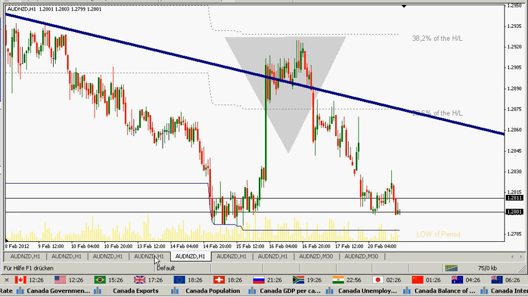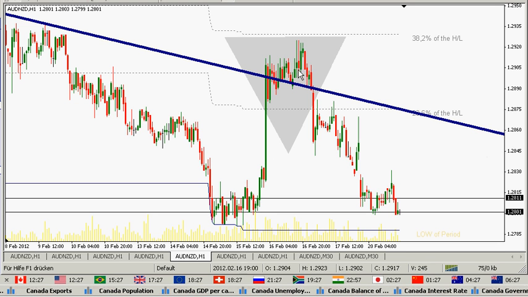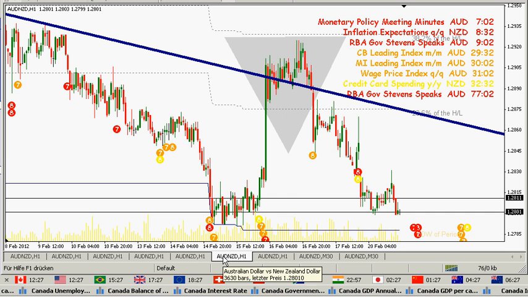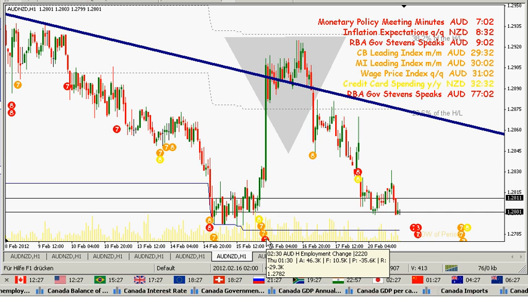Here, if we zoom a little bit, we see it much better on the 1 hourly view. And why this failed breakout happened was even the data of last week, if I'm not wrong, one moment. Okay, here we see it was the employment change, better than expected.